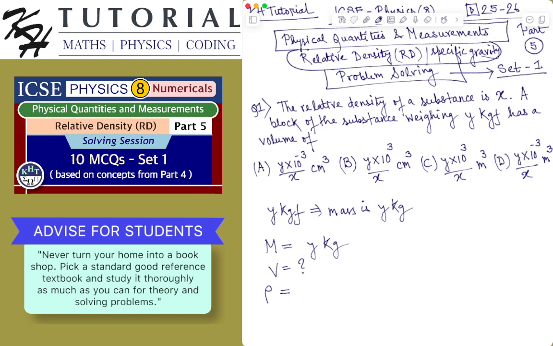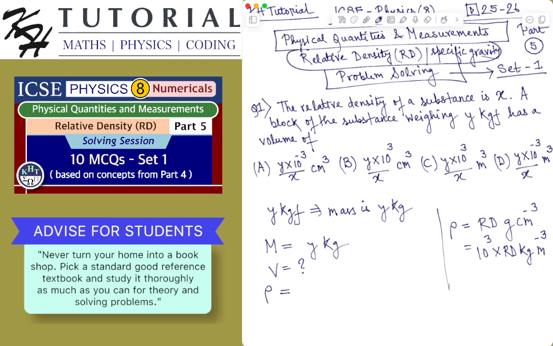So we know the formula that density of a substance is equal to RD, the relative density of the substance, this much gram per centimeter cube, and also the density will be 10 to the power 3 multiplied by RD, in kilogram per meter cube. We studied this formula in the previous part 4 video.